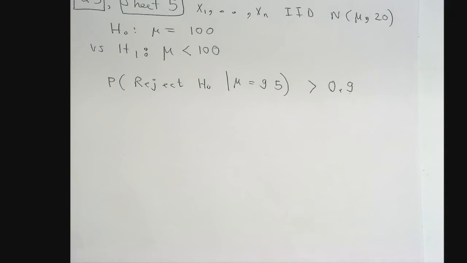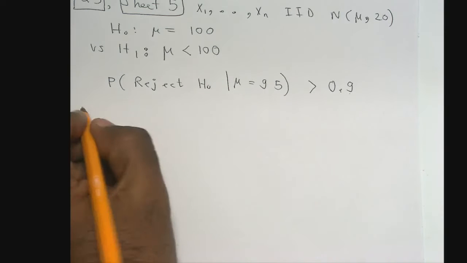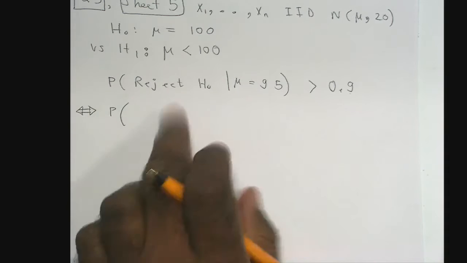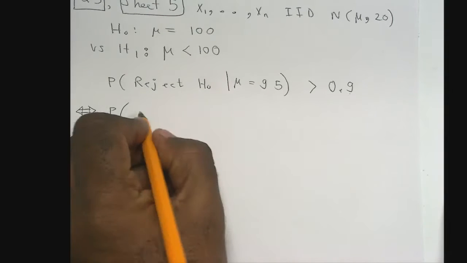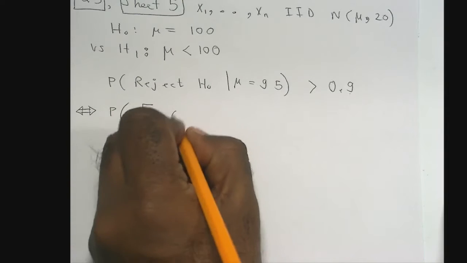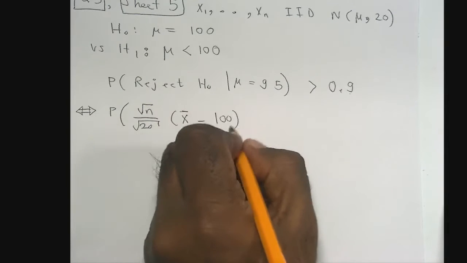So this is the same as saying what, guys? When would we reject the null hypothesis? Under this, it's root n divided by sigma, which is root 20, times x bar minus 100.